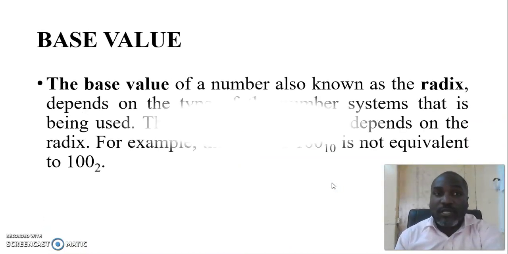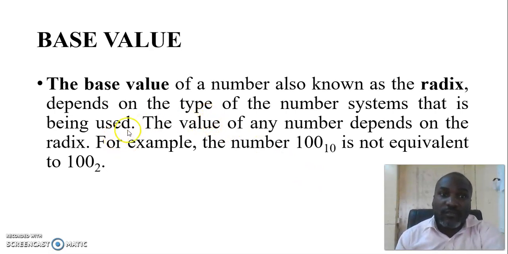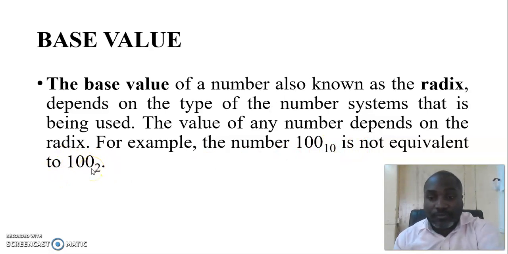Now, the last one that we have is what we call the base value. The base value of a number, also known as the radix, depends on the type of number system that is being used. The value of any number depends on the radix. For example, the number 100 in base 10 is not equivalent to 100 in base 2.